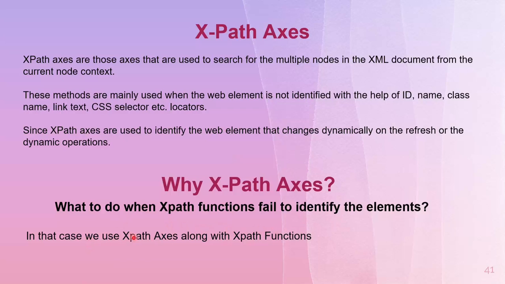In that case, we will use the Xpath Axes along with the Xpath functions. Like the Xpath functions can be contains, text, starts with. We can use those functions as well as the Xpath Axes. Also we can use those selectors like the ID, name, class, link text, CSS selectors. These locators can also be used. Okay, so this is what Xpath Axes is and why do we use Xpath Axes.